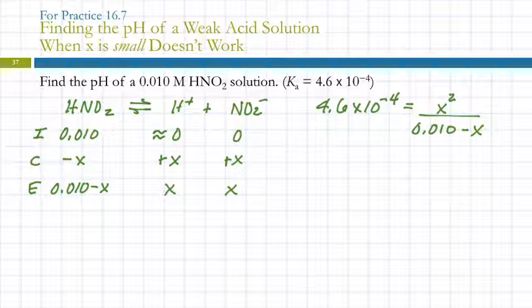So it tells us that X is small doesn't work, so we're just going to go straight to the number solver. 4.6 times 10 to the minus 4. And because these are all just a weak acid dissolving or ionizing, the form of this ends up being the same.